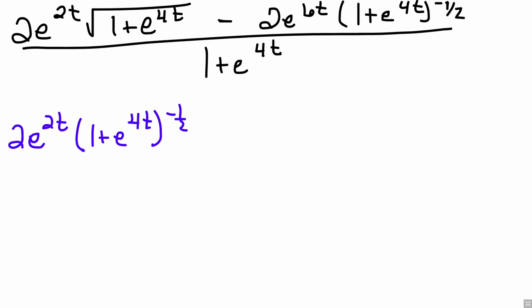What I have left in the numerator, when I take 2e to the 2t from 2e to the 2t, I'm left with 1. If I factor out 1 plus e to the 4t to the negative 1/2 from the square root of 1 plus e to the 4t, I'm going to be left with 1 plus e to the 4t to the first.